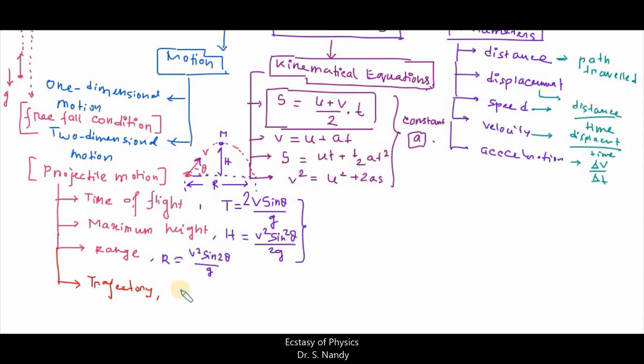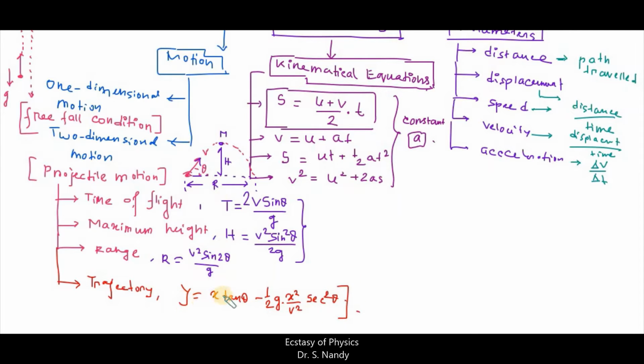So the trajectory equation can be represented by y equals x tan theta minus half into g into x square by v square sec square theta. So this is the final equation.